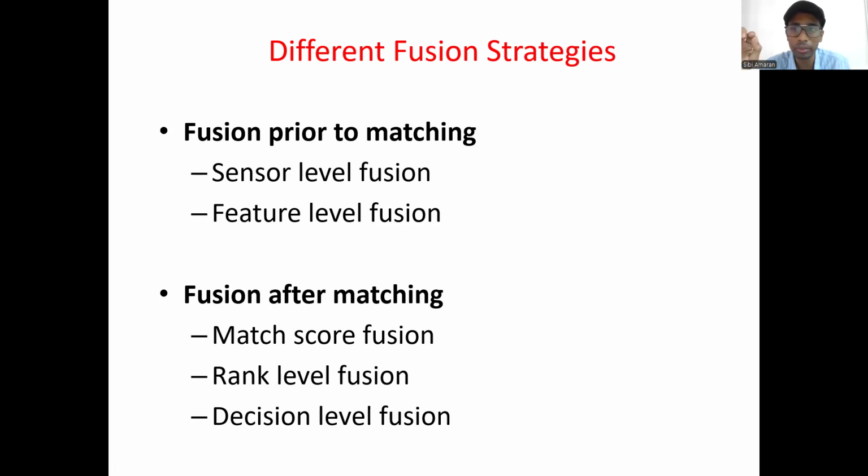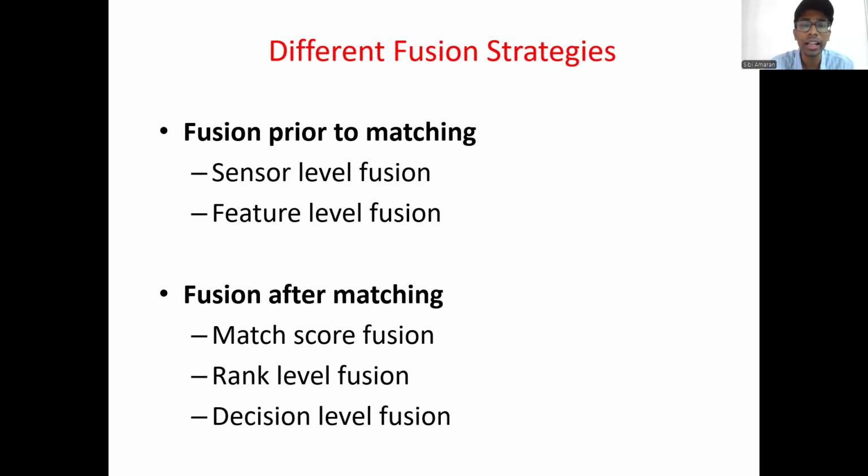If it is feature level, a slight difference will be there. After taking the sample, we will be making the feature extraction. How will the feature extraction be done? Through the minutiae algorithm. After identifying the minutiae for the two samples, we'll be doing the mosaicing.